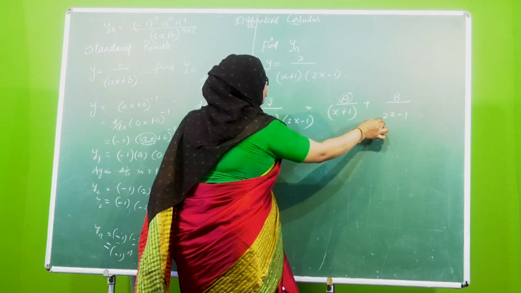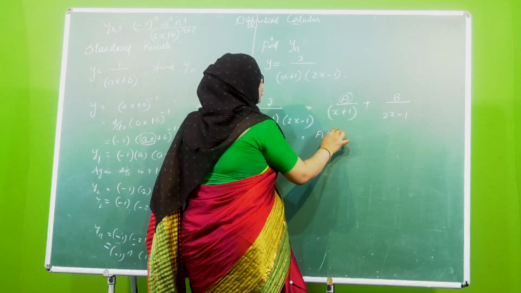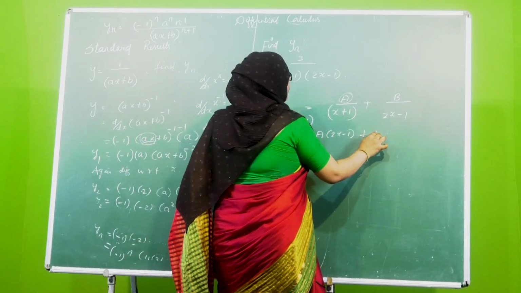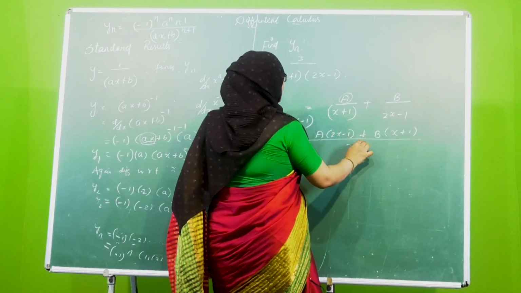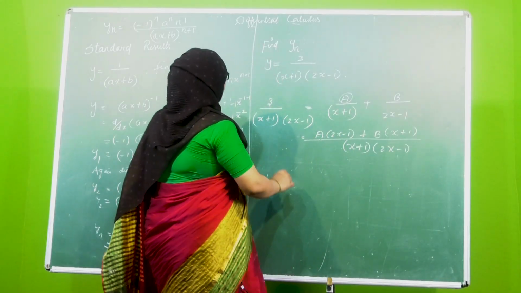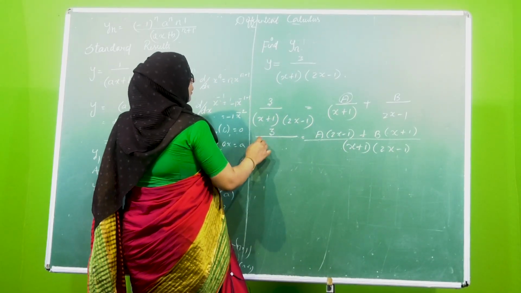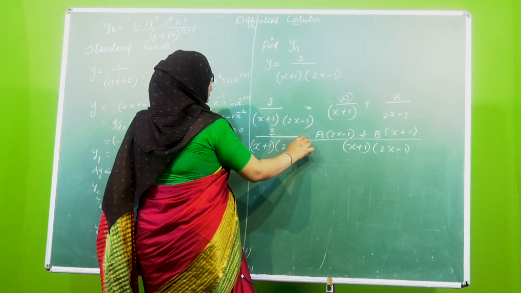So, we are going to cross multiply. So, a into 2x minus 1 plus b into x plus 1 divided by x plus 1 into 2x minus 1. Here, right hand side, x plus 1 into 2x minus 1.